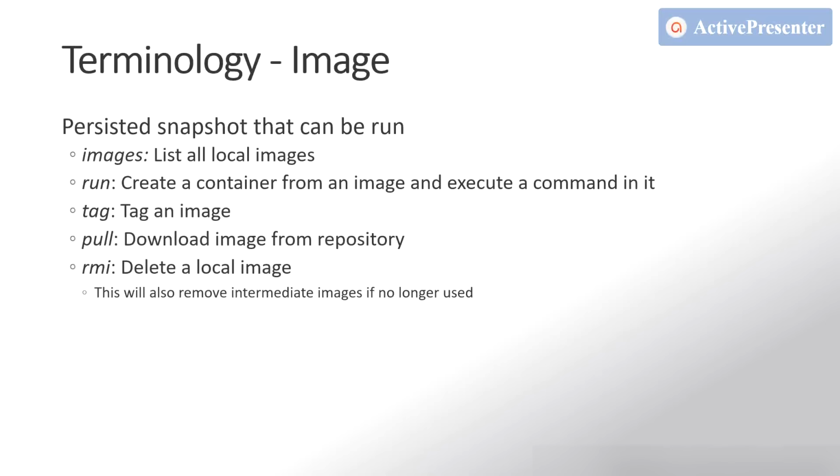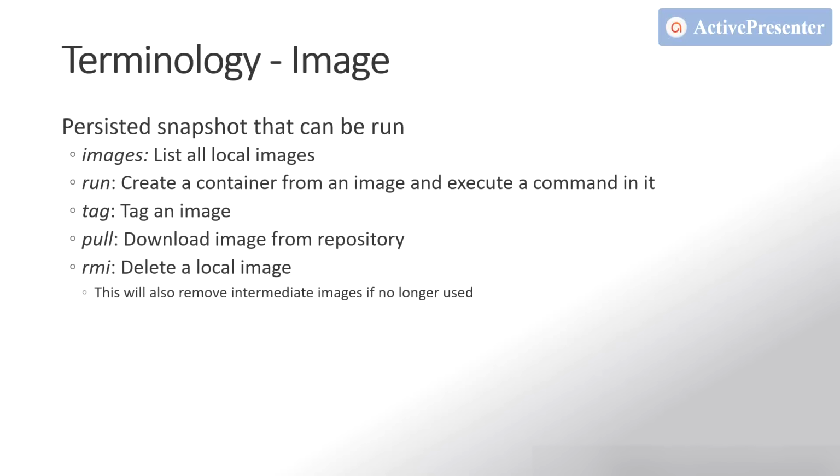So that's your image. Similarly, before you run a container with specific applications, first you create an image out of that. When you create an image, it is going to install all the required components for that application, and then it's going to create an image.